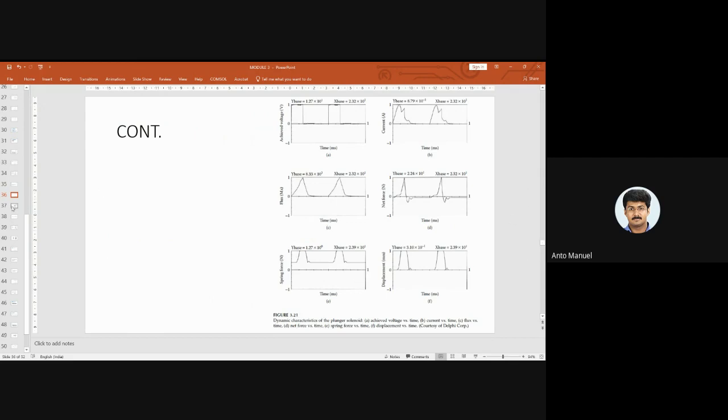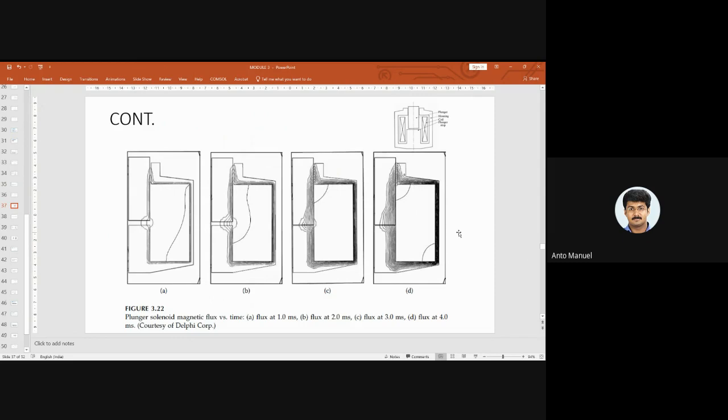Moving to the next one, this is the dynamic characteristics of the device, showing how the plunger moves when we apply the external voltage. Initially, we can see that some air gap is present between the plunger and the plunger stopper.